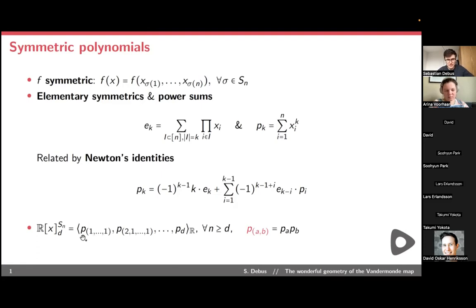You see here some notation: I have a p for a power sum, and then I write a subscript lambda, a partition lambda, which is just an integer partition of d. So p_{a,b} denotes the power sum p_a times the power sum p_b. And we see that whenever the number of variables is larger than the degree, this vector space always has the same dimension over R.